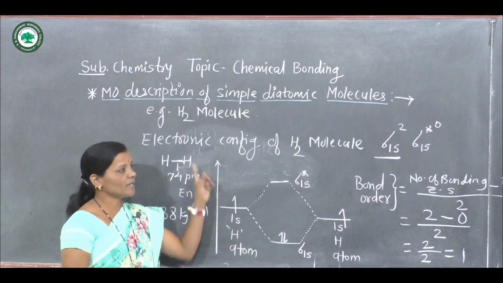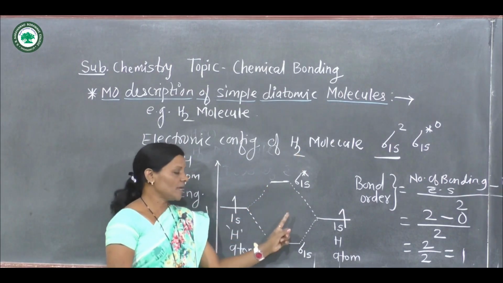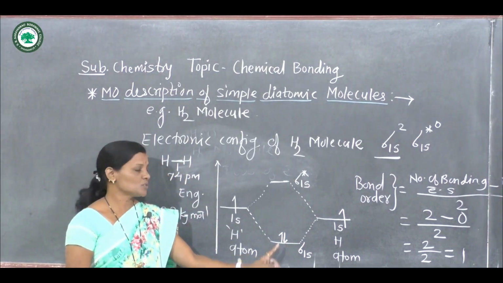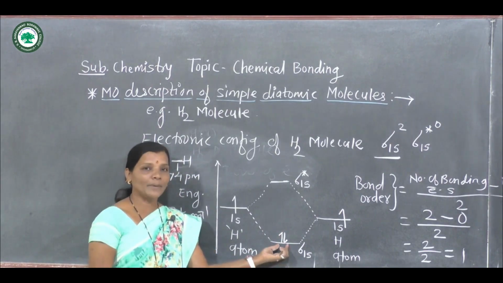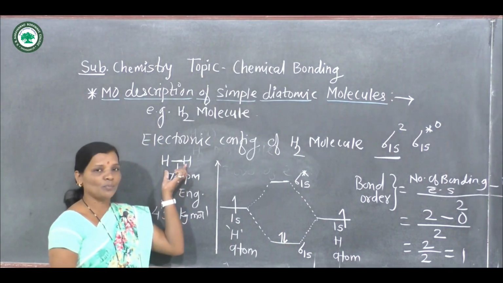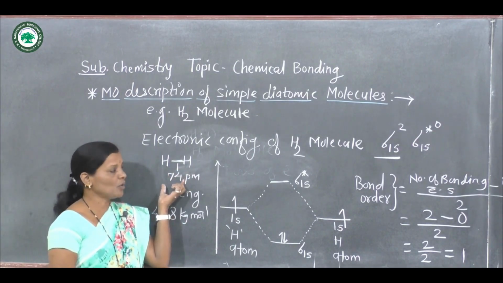And according to the electronic configuration of this H2 molecule, both electrons go into the sigma 1s bonding molecular orbital. So here both electrons are paired and their spin is neutralized to form this H2 molecule, and the bond length observed is 74 picometer.